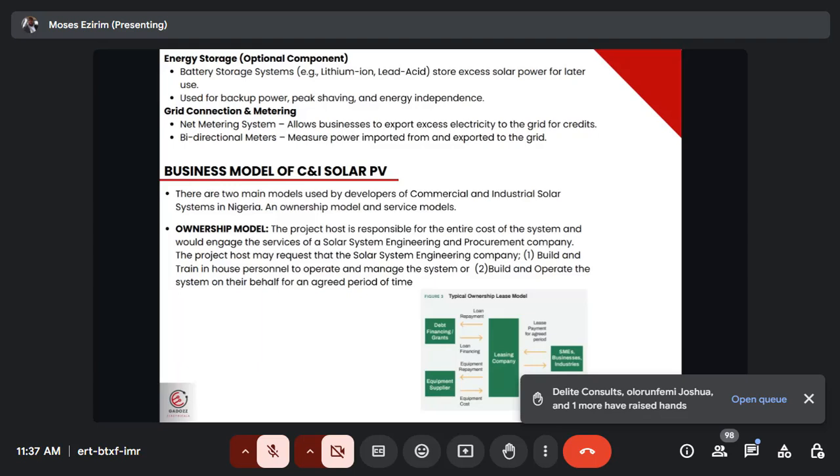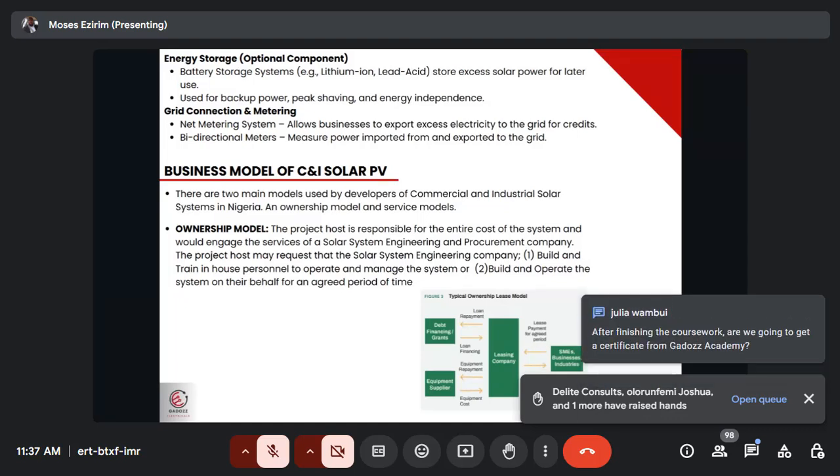I want to be very sure of how many kilowatts we are to suggest for companies or industries. Okay. Yeah. All right. Thank you.